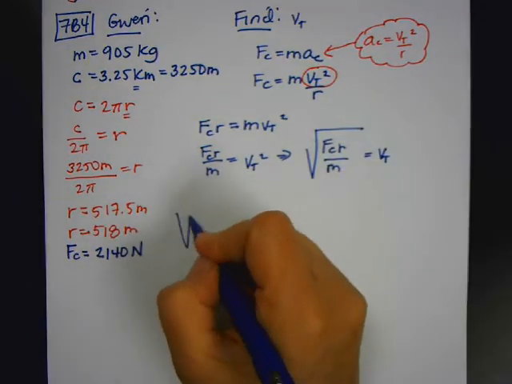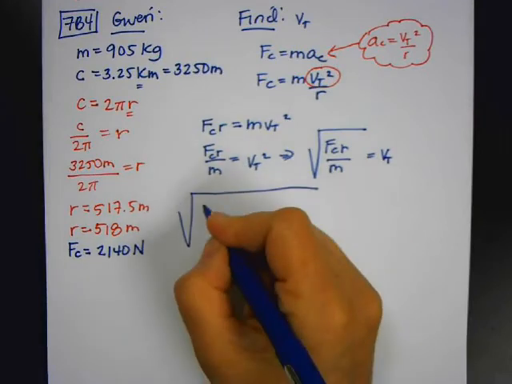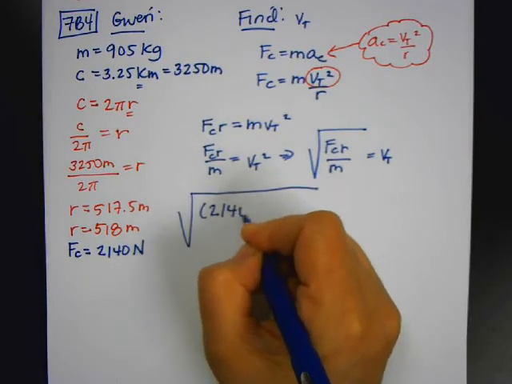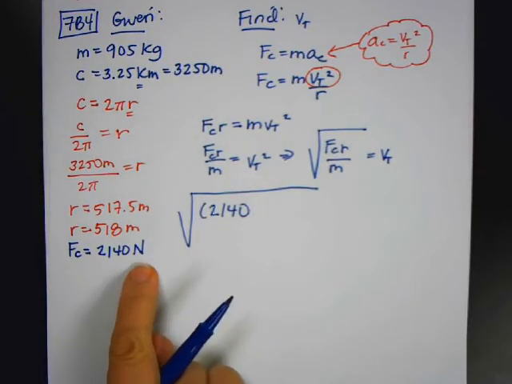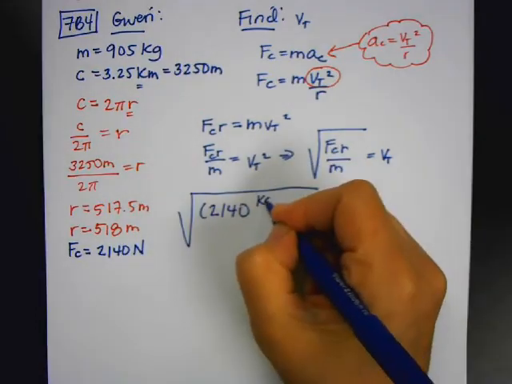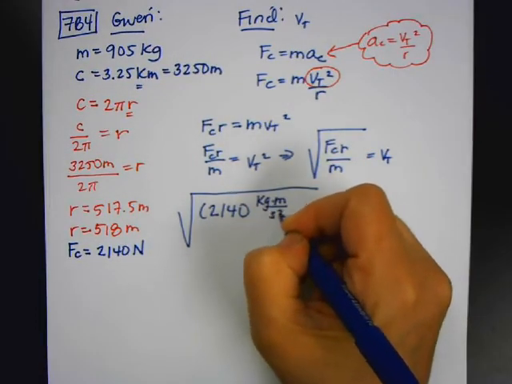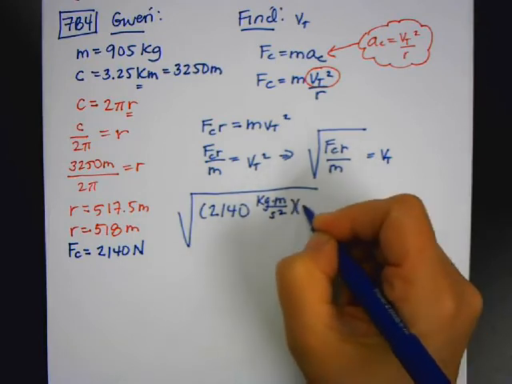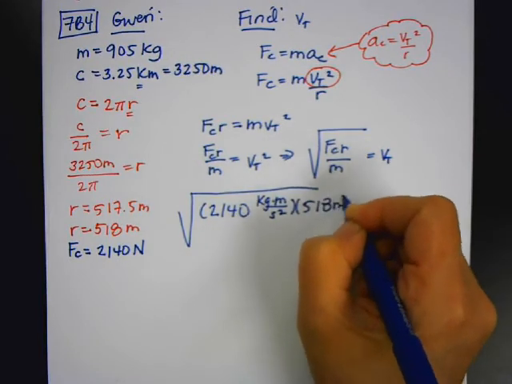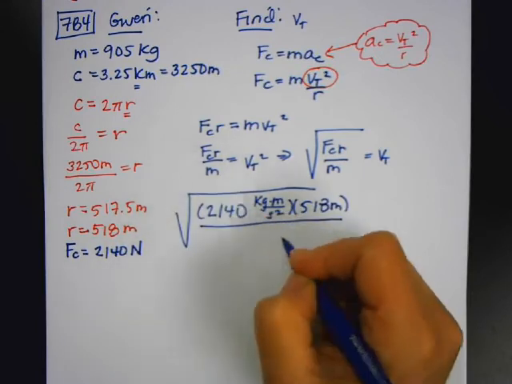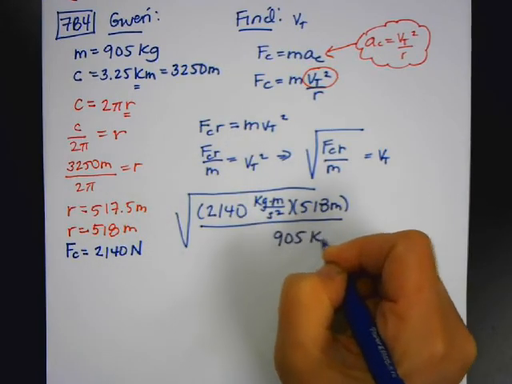Now I'll substitute in my values, including my units. So I have 2140, and I have to remember that a newton is a kilogram meter per second squared, times 518 meters divided by 905 kilograms.